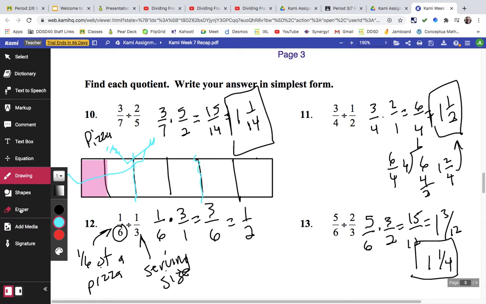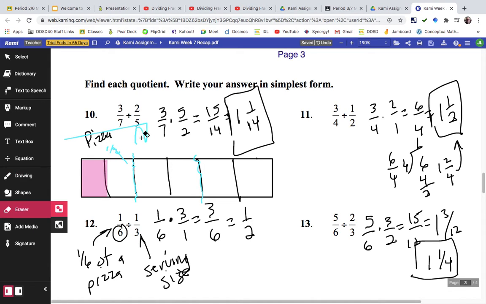Okay, let's erase that. Sorry about that. This is getting kind of touchy. Let's see if I can erase that part. There we go.